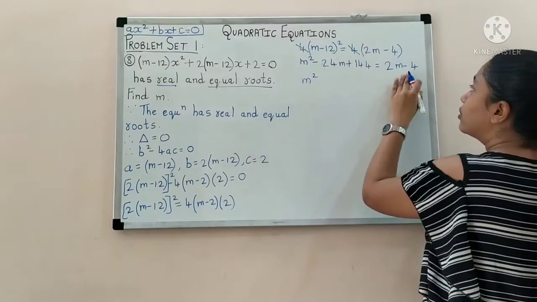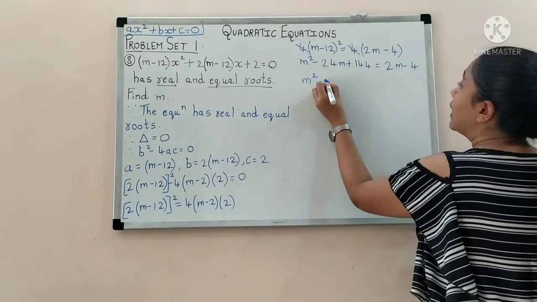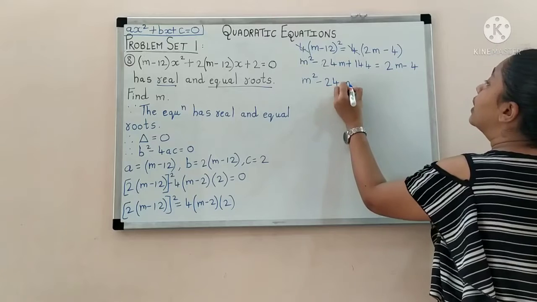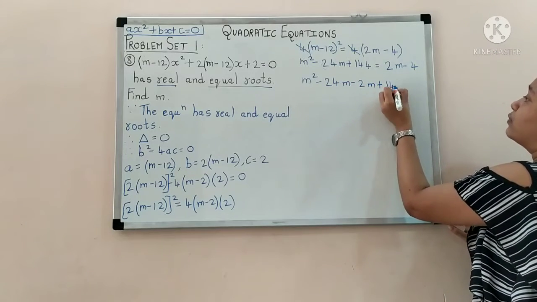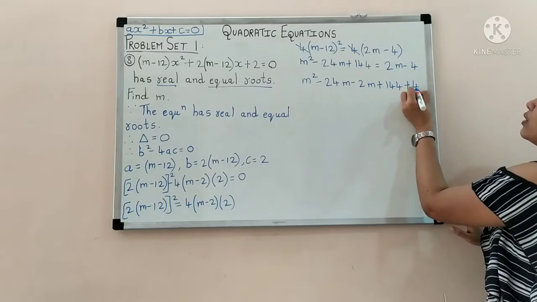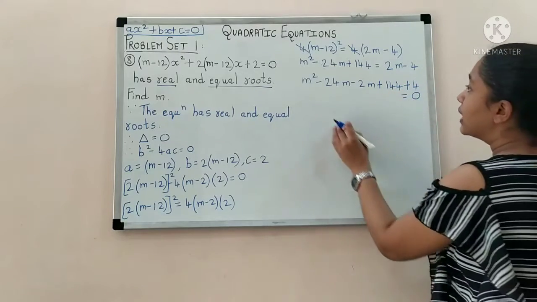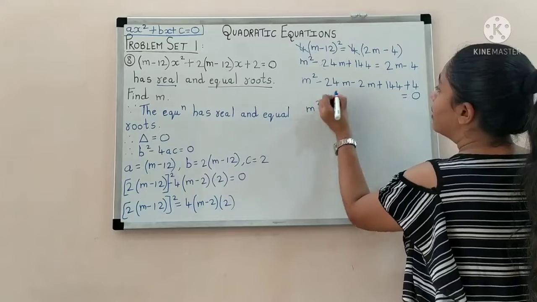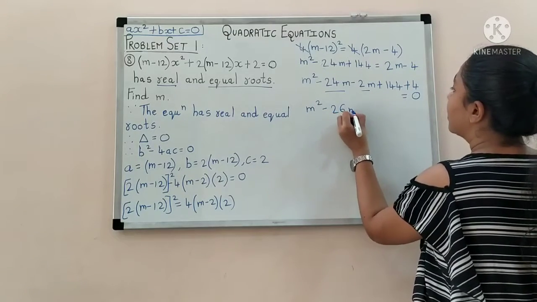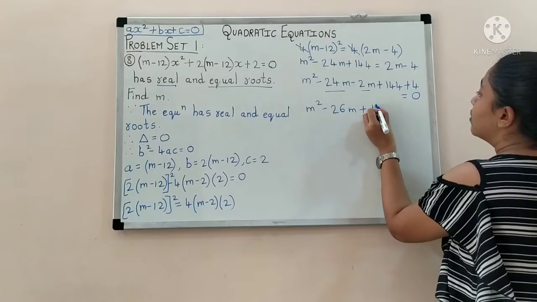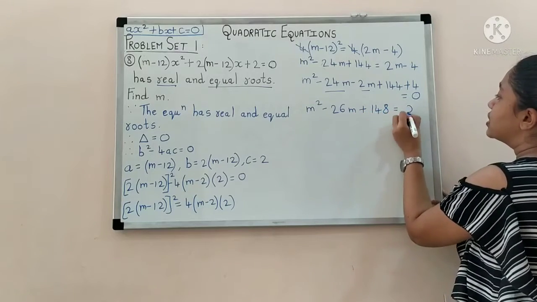So m square, bring these two terms here, minus 24m minus 2m plus 144 plus 4 is equal to 0. Now m square minus 24m minus 2m, so it will be minus 26m, and this will be plus 148 is equal to 0.